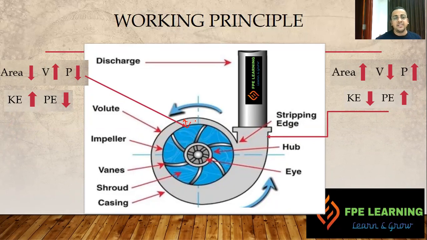As it passes through the pump to the top of the pump, nearby the discharge, the area is maximum, and now it is reversed: velocity is low and pressure is high. We can say kinetic energy is down and potential energy is high. So all of the kinetic energy is converted to potential energy at this location. This is why we are getting more head and pressure at the end of the pump discharge flange.